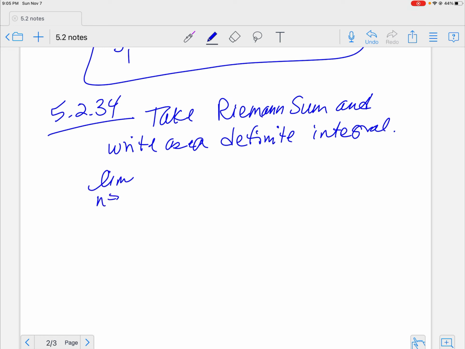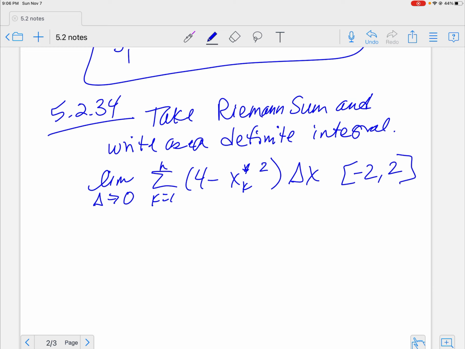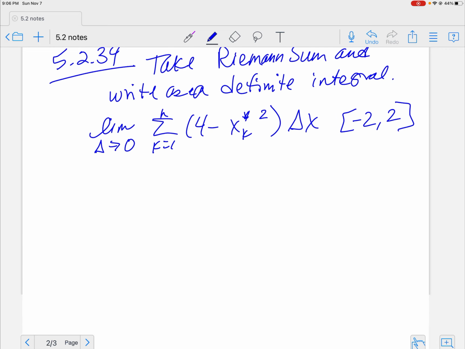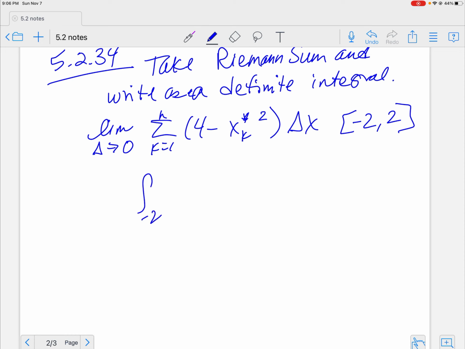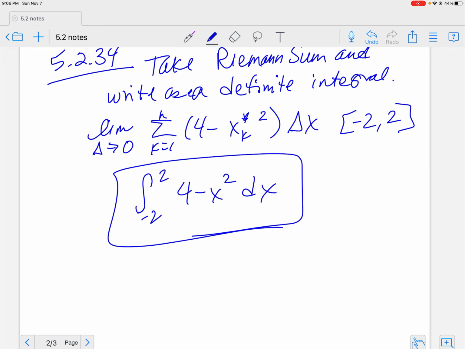So I'm given the limit as delta approaches 0 of the sum with k going from 1 to n of 4 minus x sub k asterisk squared delta x on the interval from -2 to 2. Put that in a definite integral. Yep, -2 to 2 on my integration, 4 minus x squared dx. Boom, that's it.